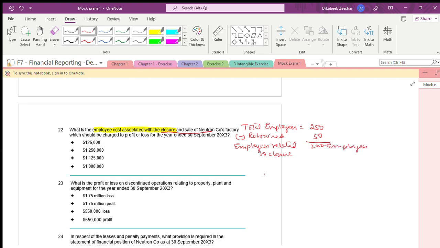For this they are paying how much? For 200 employees, they are paying a cost of 5,000 each. It comes to 1 million.